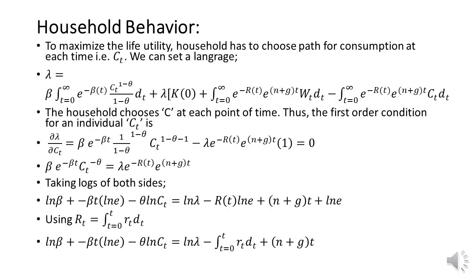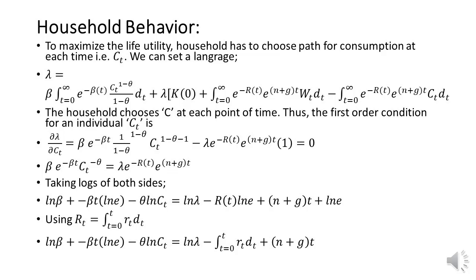So this is the discounted value of consumption, and the household chooses C at each point of time. Thus the first order condition for an individual is the derivative of this Lagrangian with respect to consumption.